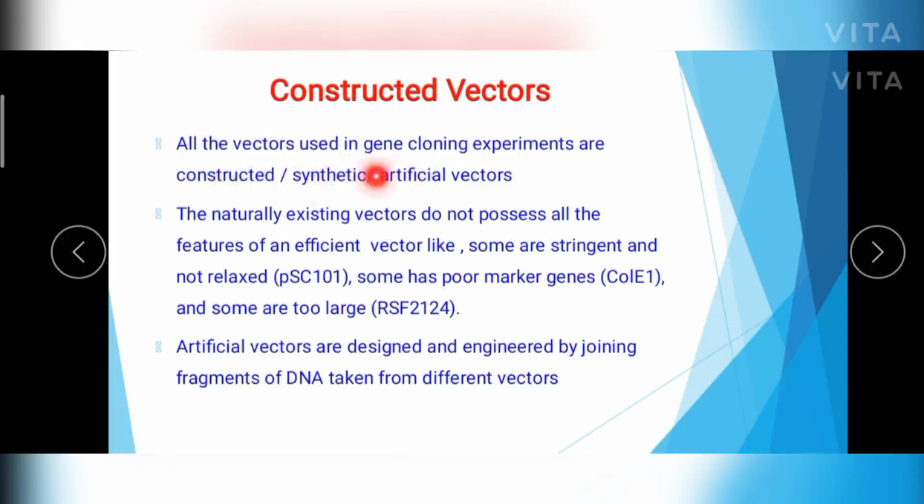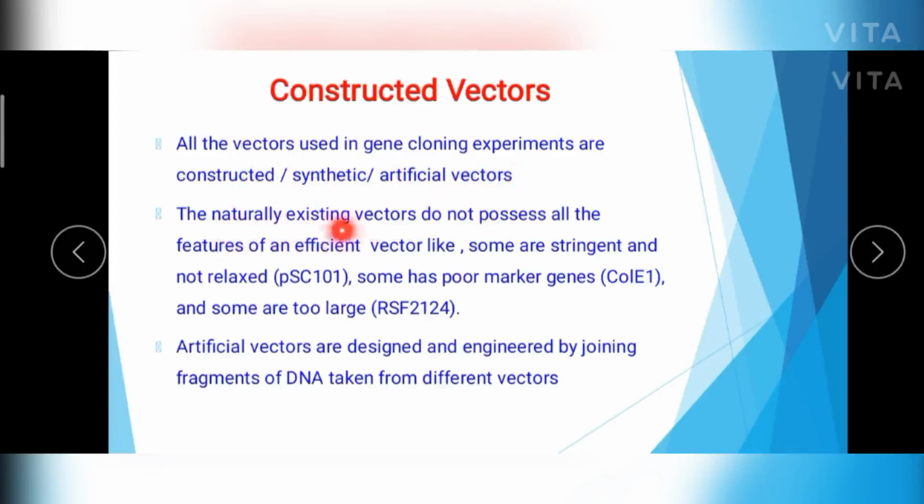Some have a small size, some have poor marker genes, and some are too large in size to handle. All the features which we discussed in the previous slides are not satisfied by these natural vectors. So in order to avoid that, in genetic engineering, synthetic vectors or constructed vectors are designed.